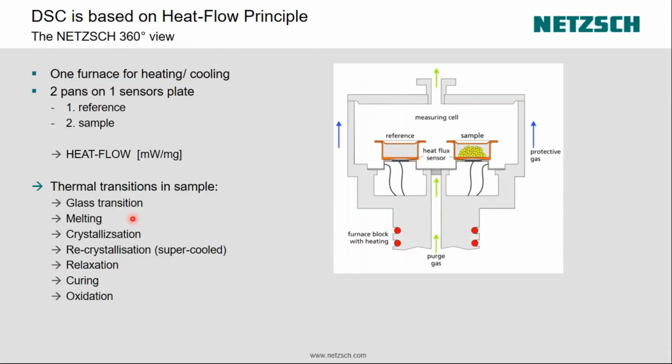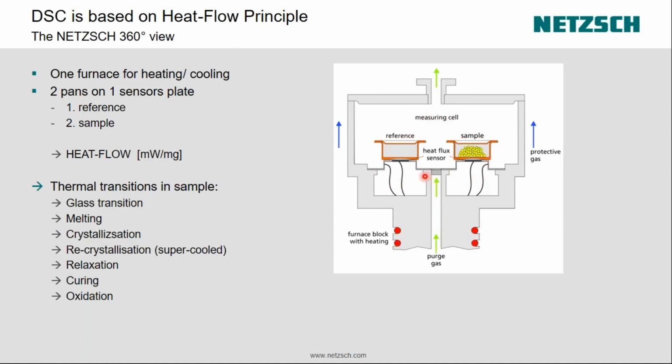This is the schematic of our DSC, which is based upon the heat flow principle. As you can see here on the right, we have a furnace which is made up of silver. It's a very compact furnace, and then we have a measuring cell.